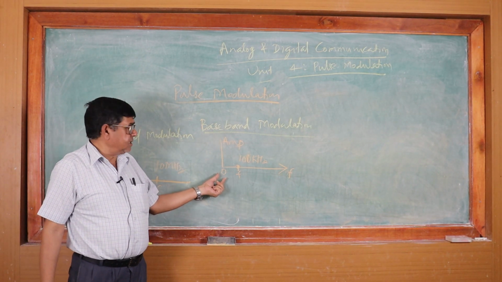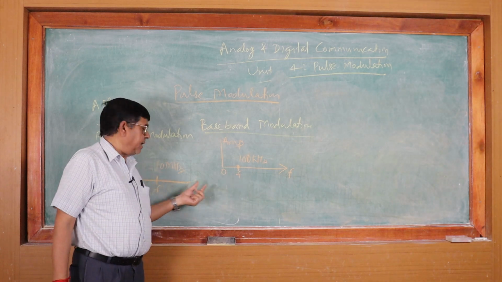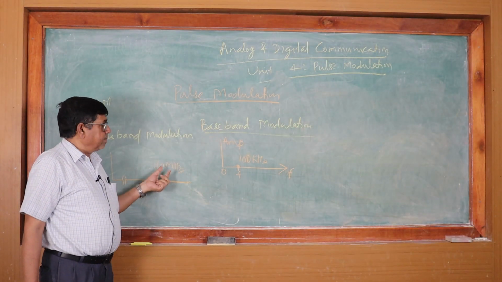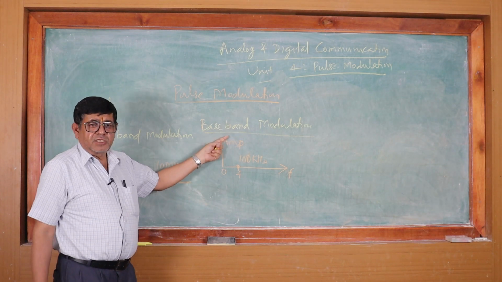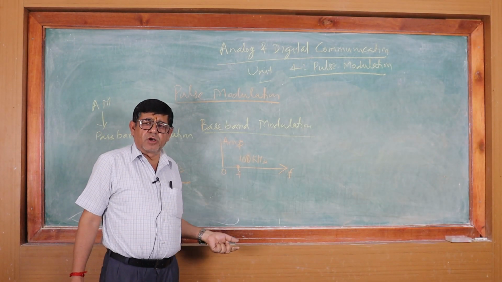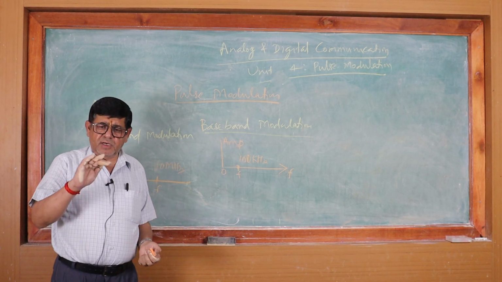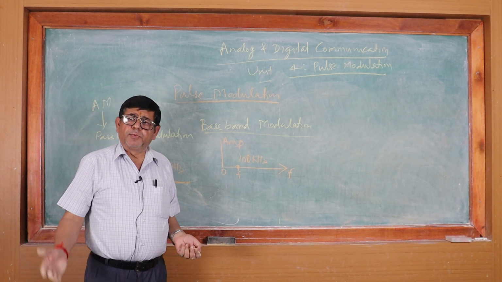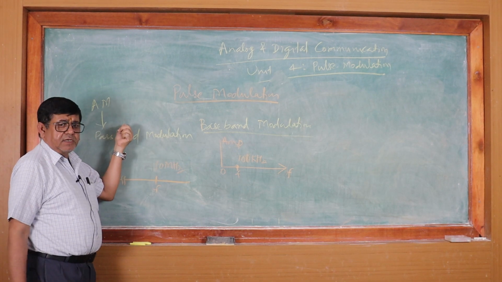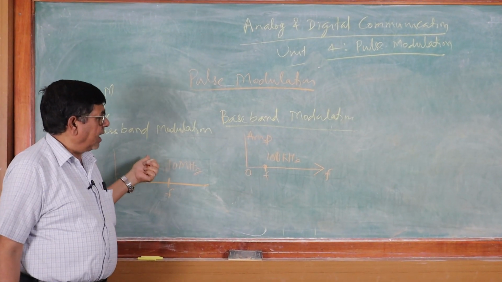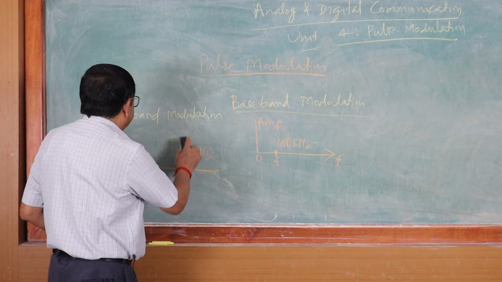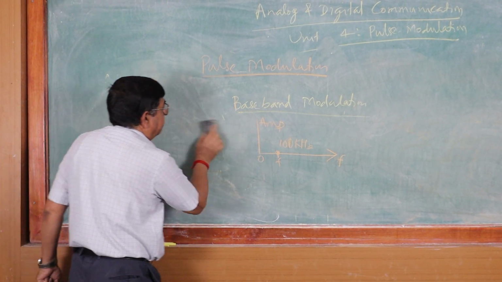The carrier frequency is much lower, whereas in pass band the carrier frequency is much higher. So digital modulation and pulse modulation are techniques of baseband modulation where we do modulation at a low frequency level, but before transmission we once again do pass band modulation, either AM or FM, and then transmit the signal. So this is the basic difference between pass band and baseband modulation.